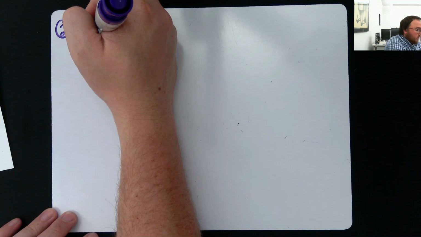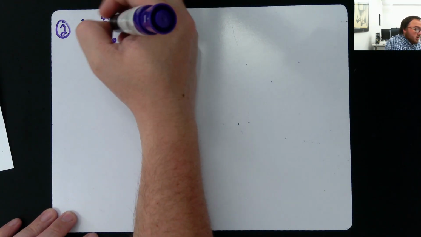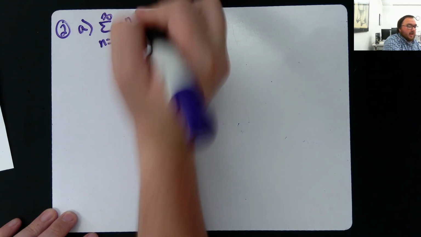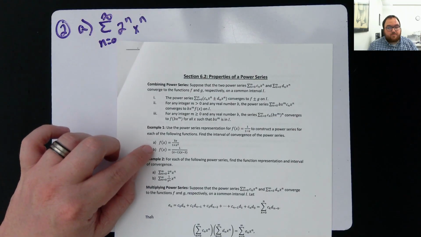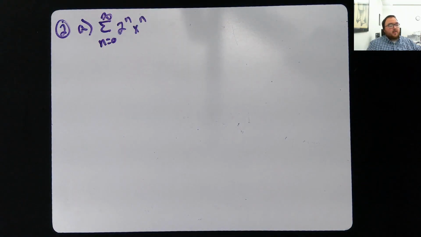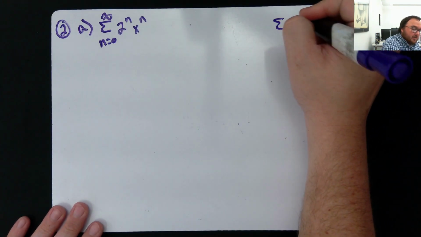A, we're taking the series from n equals 0 to infinity of 2 to the n, x to the n, and I want to write it as a function, something like these were. All right, so all of these have been geometric, so I want to figure out how I can write this as a geometric. Remember, geometric series look like this.